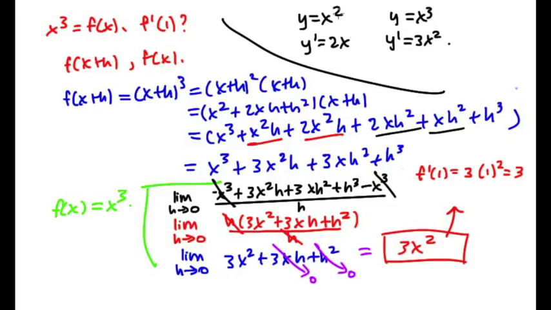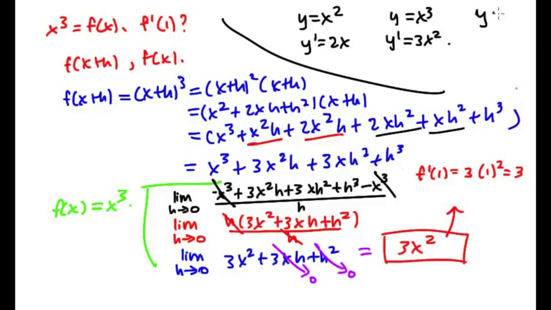So I'll tell you what the pattern is. The power moves to the coefficient of the x, and then you decrement the power by 1. So it goes from x squared to 2x. Similarly here, you brought the 3 over next to the x to become the new coefficient, and then you decremented the power by 1, so it goes from x cubed to 3x squared.